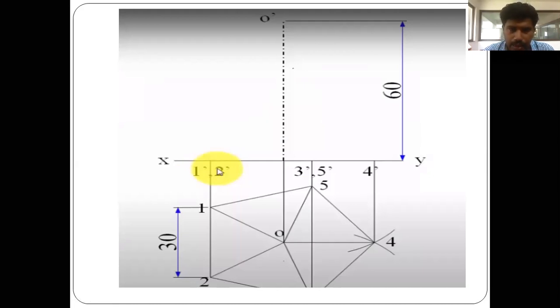Similarly, join the bisectors to the center point. The bisectors of 1 and 2 and 1 and 5 will come over here, and you have to project them as the generators: 1 dash 2 dash, this is the center O, 3 dash, 5 dash and 4 dash. You have to generate the lines.